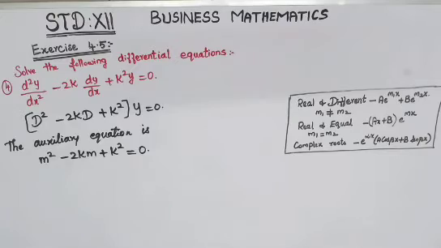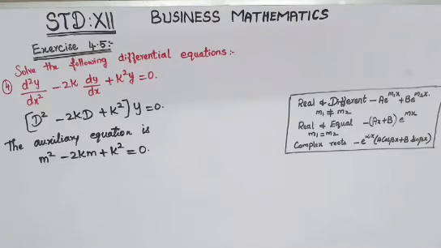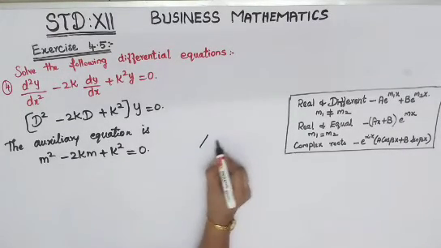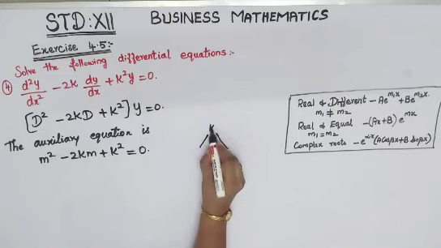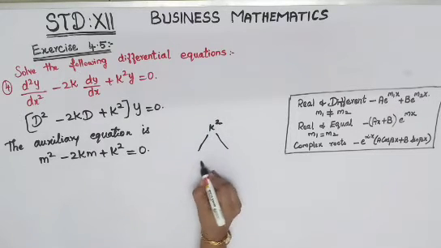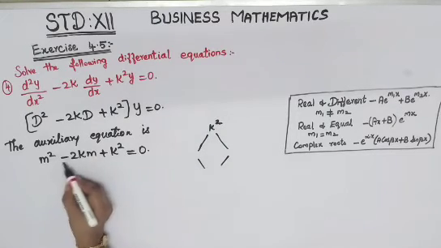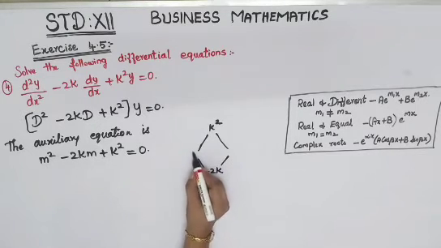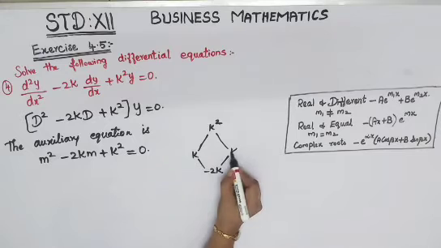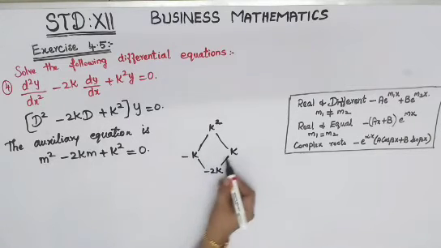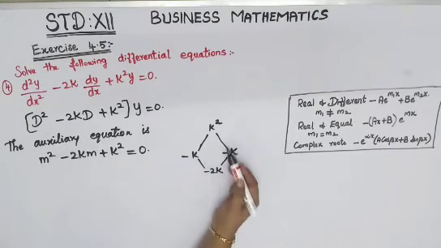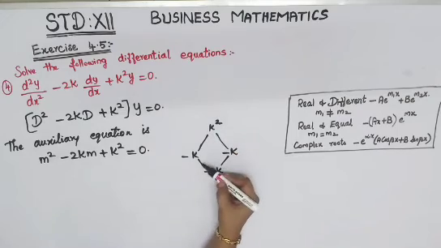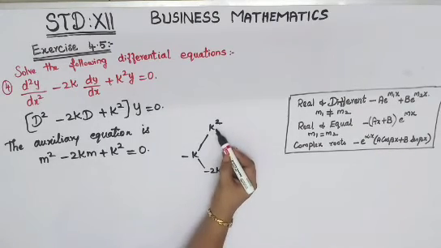Now this is again a quadratic equation in the format of m. So just go for a factorization. You have to get k square on top and down it is minus 2k. So I'll just write k and k, but we'll have to get minus, so I put minus and minus. Now multiply and see, minus and minus will become plus, k and k becomes k square.